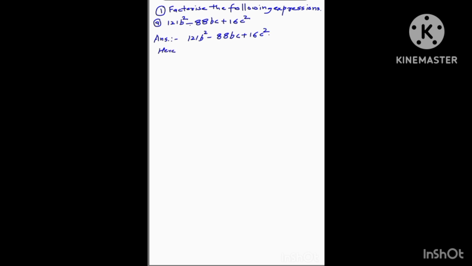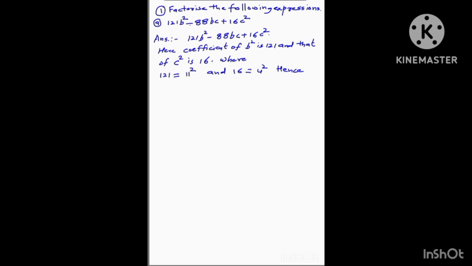Now if you observe the coefficient of b square and that of c square, 121 and 16, these are perfect squares, so such useful tricks you have to use. So 121 is 11 square and 16 is 4 square.